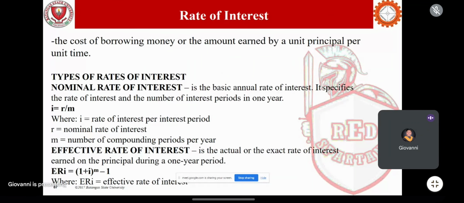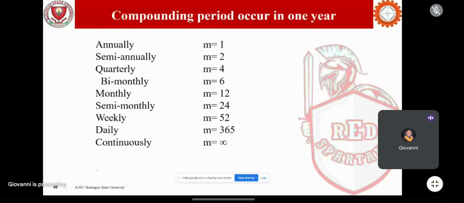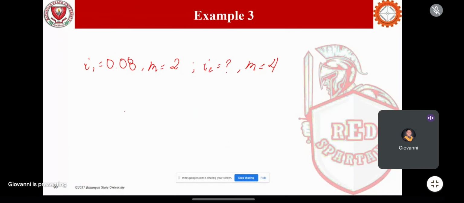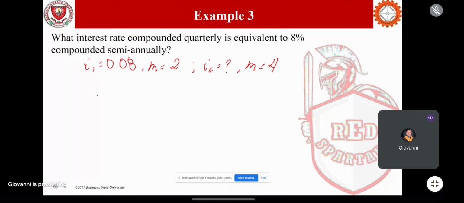Pero meron tayong formula, 1 plus i raised to n. So yun yung gagamitin natin ngayon. Meron tayong 1 plus 0.08 over 2 raised to 2, then 1 plus i2 over 4 raised to 4.